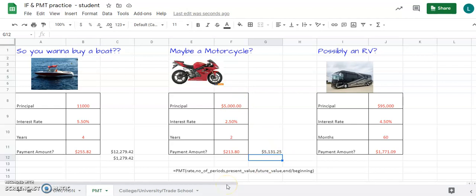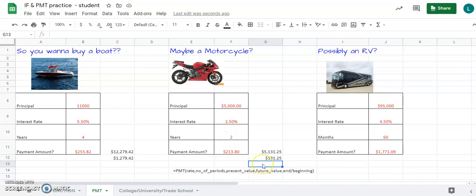But if you wanted to do the math, equal sign G11 minus F8, oops, minus, I hit times, whoops, see, 131.25, like I said. So, you know, small, little bit of interest, 2.5%, that's pretty low.